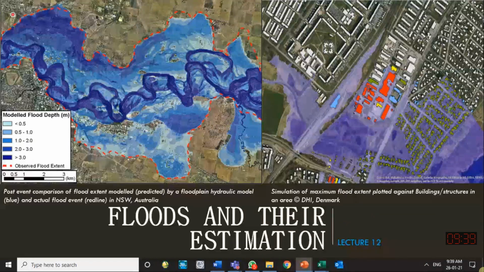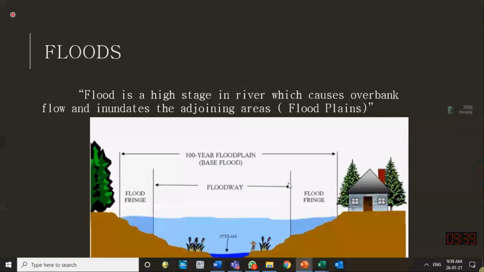Tell me, if I am investing in this place for making a factory, a bridge, a dam, or an urban society, tell me the level of flooding possible over here. So flood studies have to be carried out, and this will inform you of the importance of this study, why we need it, what reasons can cause flooding, and how to estimate floods.